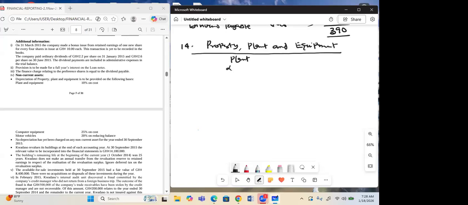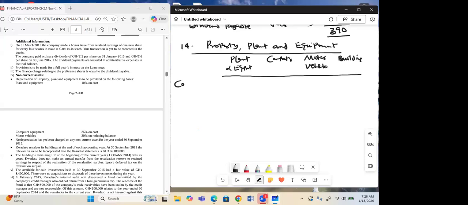Then we have computer. Then motor vehicle. Then we have building, right? Leasehold.